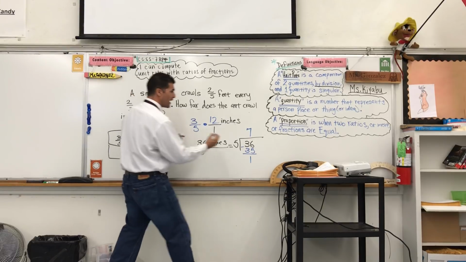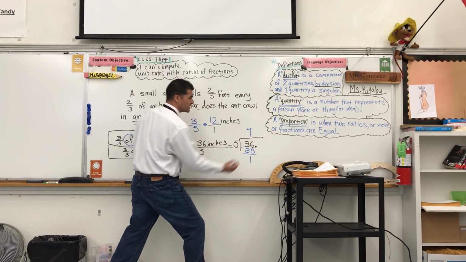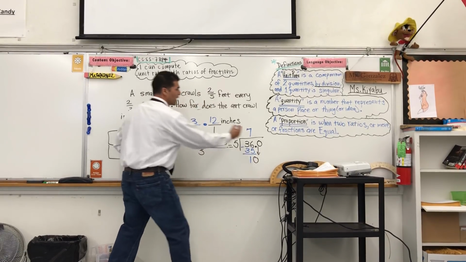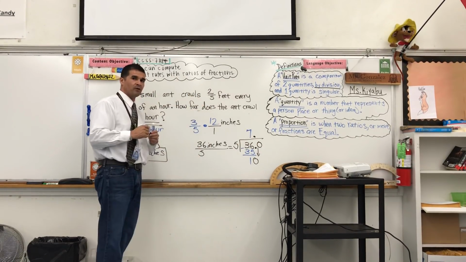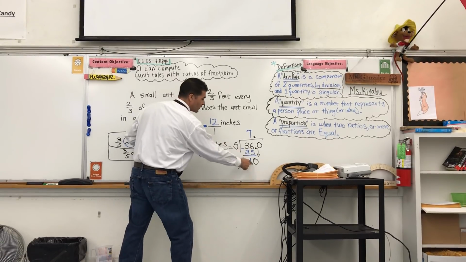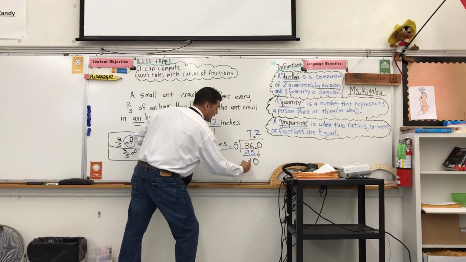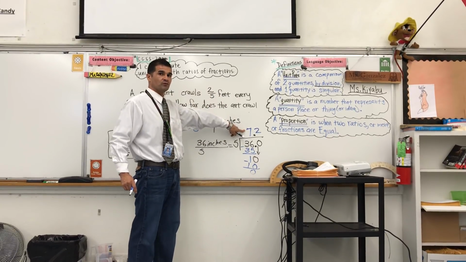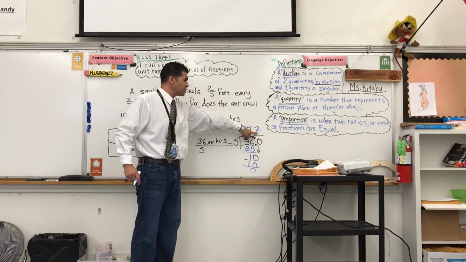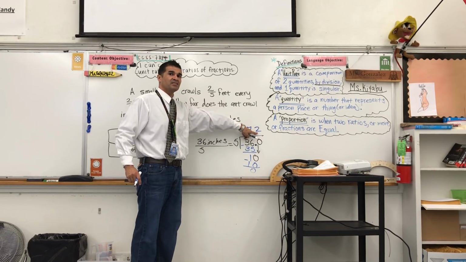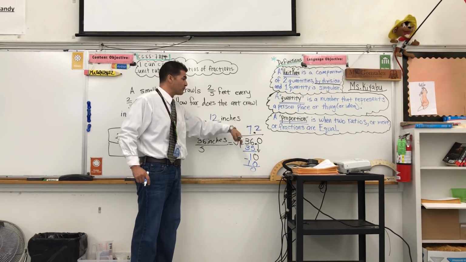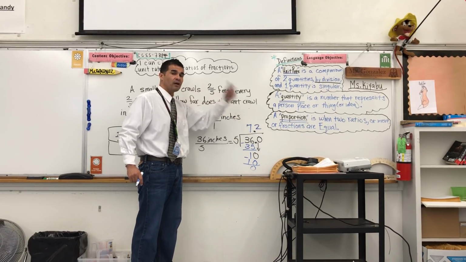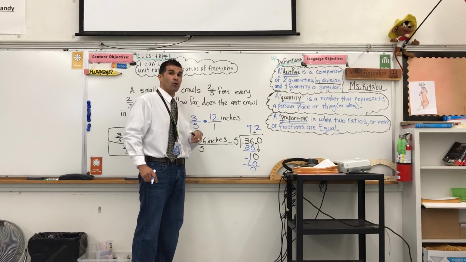So I'm going to add my decimal to 36 with my 0/10 and bring down my 0 here. I'm going to add my decimal to the whole number of 7, and 5 goes into 10 2 times exactly with no remainder. Now a lot of you guys remember your rules for rounding. If this number in the 10th place is a 4 or lower, I round down to 7 inches. If this number in the 10th place is a 5 or higher, I round up to 8 whole inches.